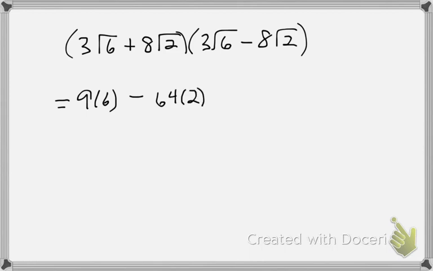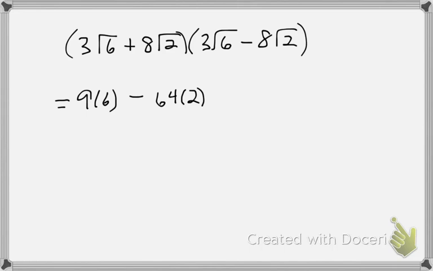Who's playing the role of A? 3 root 6. So the 3 is outside, so it squares to 9. The 6 is inside, so square root of 6 squares to just 6. Who's playing the role of B? 8 square root of 2.